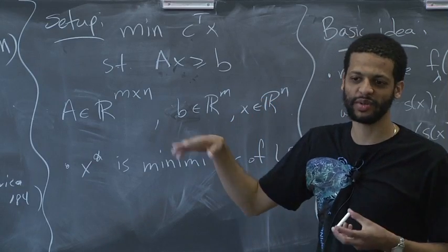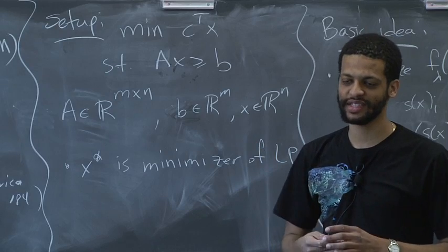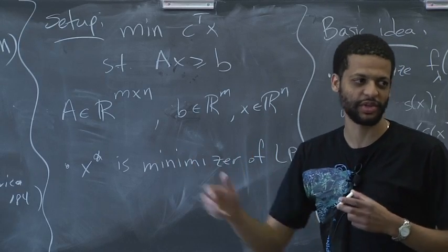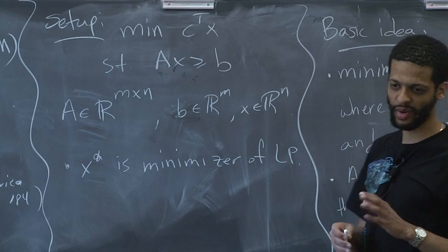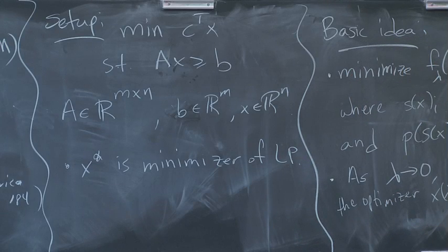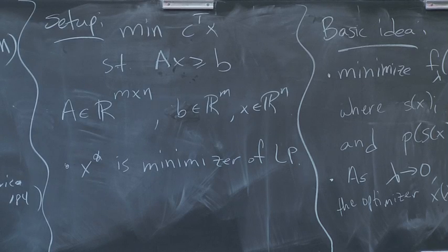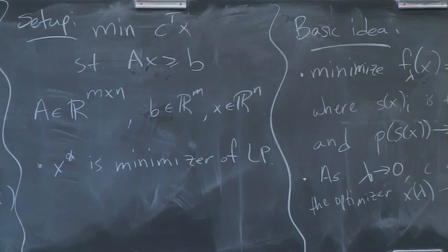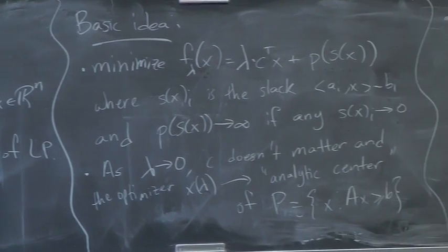That random noise will ensure there's a unique optimal vertex. I don't want to get into precision issues, but there are standard tricks that ensure this, and I'll put a link in the notes because there are too many such minor tricks.